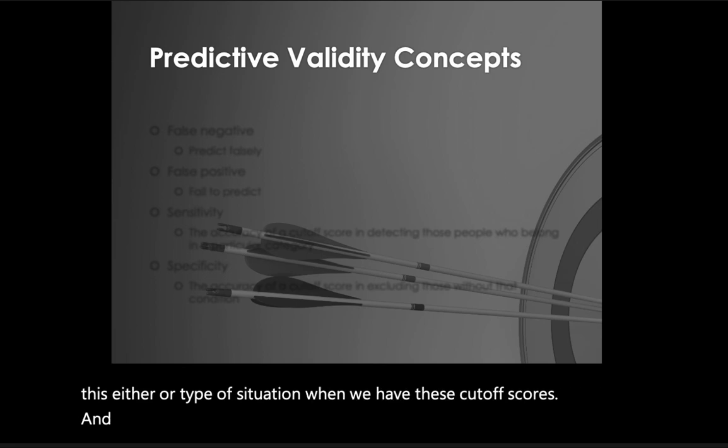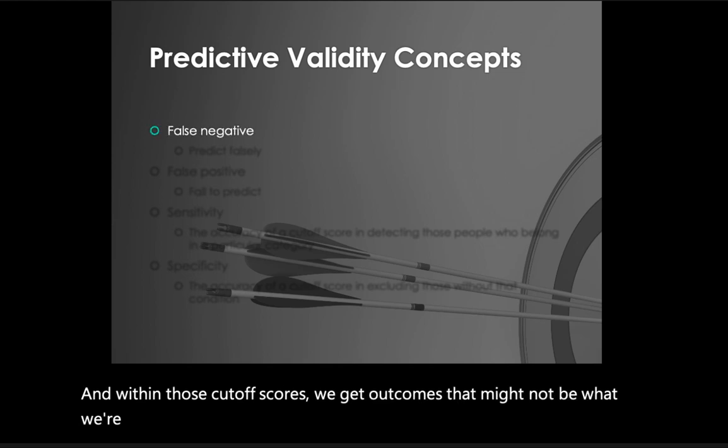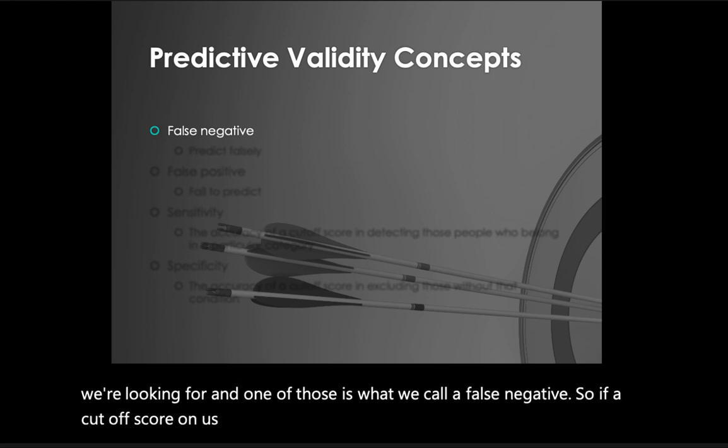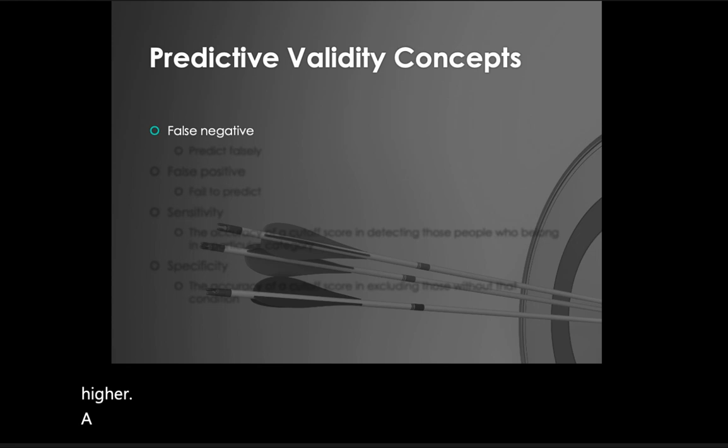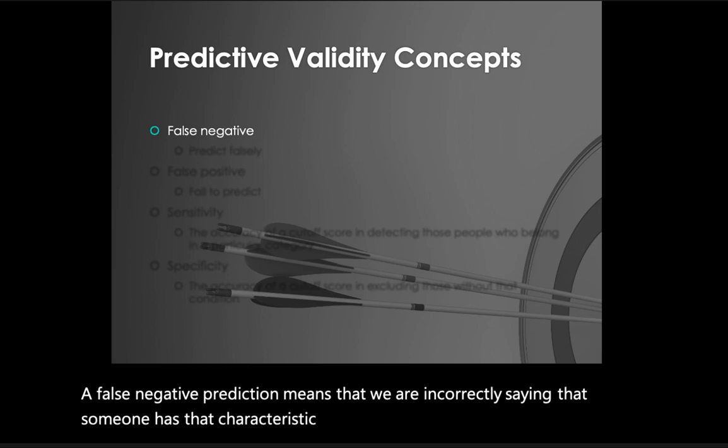And within those cutoff scores, we get outcomes that might not be what we're looking for. One of those is what we call a false negative. If a cutoff score on an assessment is too low, assuming that low scores equate to less of that characteristic, the chance of a false negative is higher. A false negative prediction means that we are incorrectly saying that someone has that characteristic when in reality they do not have that characteristic.